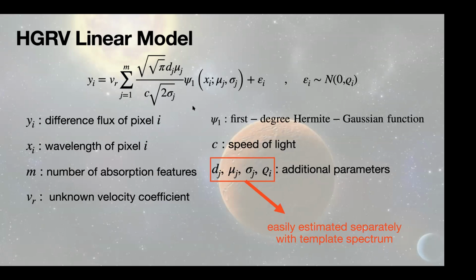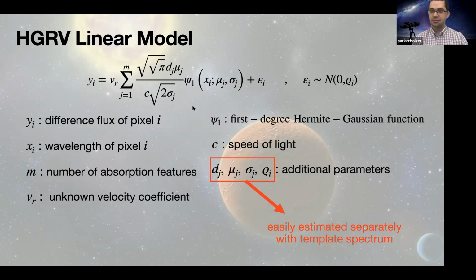Parker, I see a question here in the chat box. So David Corliss is wondering, would it be true that if this approximation did not hold true, it would be because the signal is very large and therefore we wouldn't need to use these methods in the first place? Yes, that is a great question. This is a method that's particularly designed for small exoplanet signals.